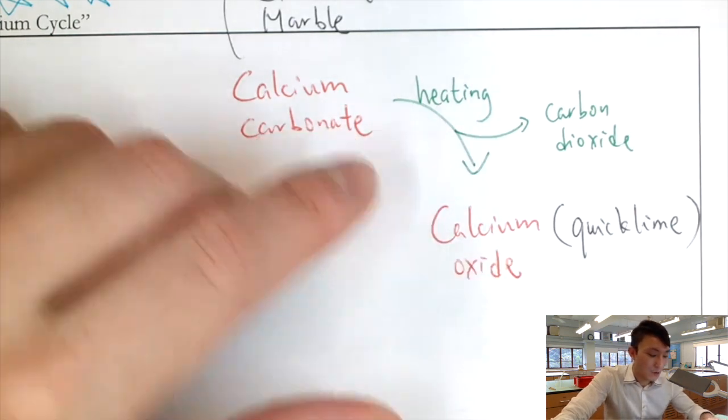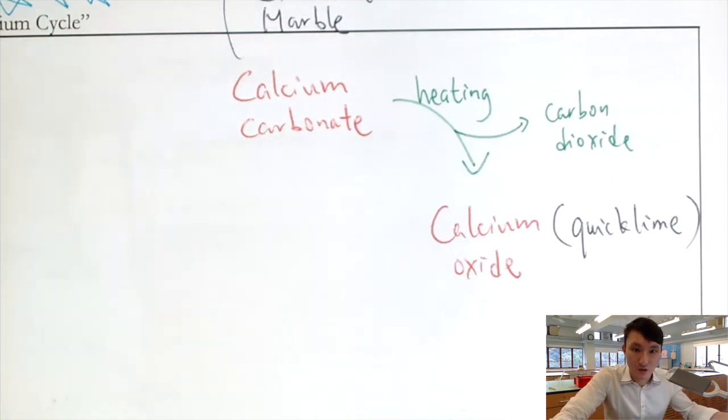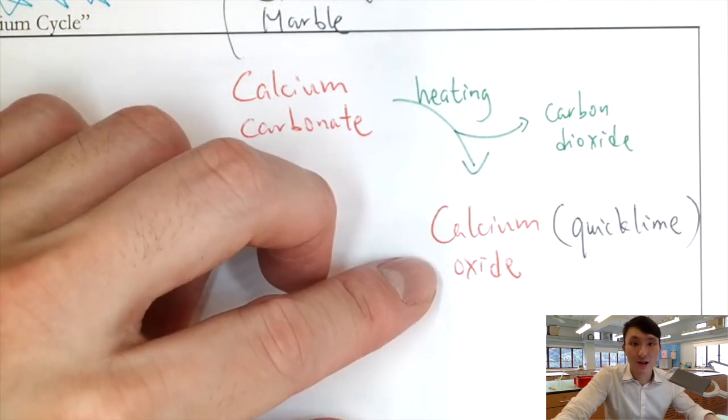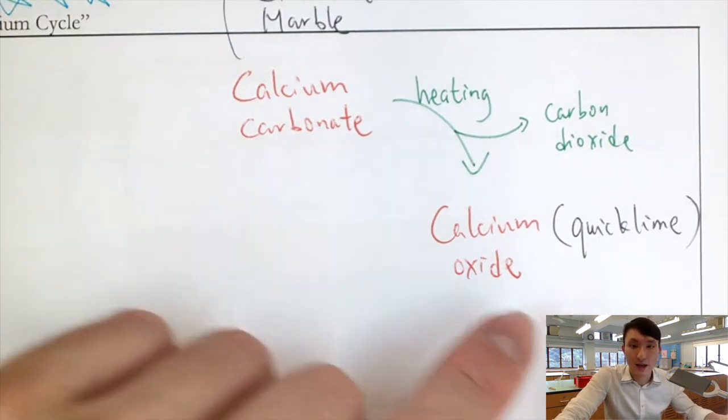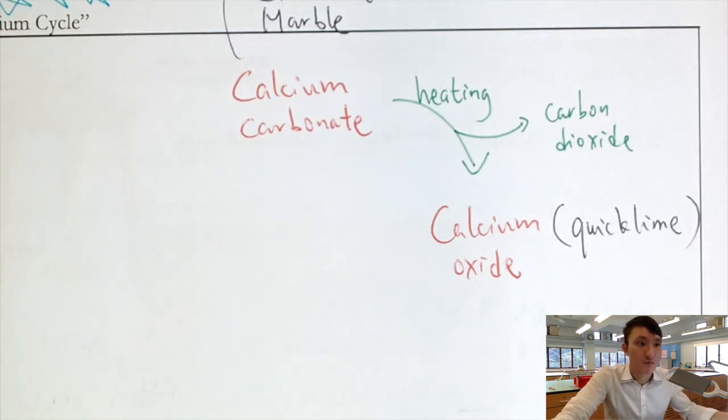So, for example, if you walk into a hardware store and ask for calcium oxide, the shop owner doesn't have a clue what you are talking about. But if you simply say, I want some quicklime, then he will understand. So as a chemistry student, it would be best if you know some of the common names of chemicals, so that at least you know what it is when you hear that name, all right?